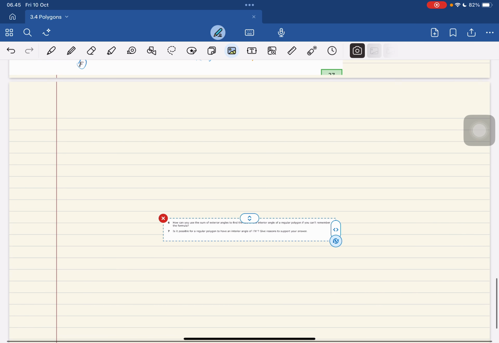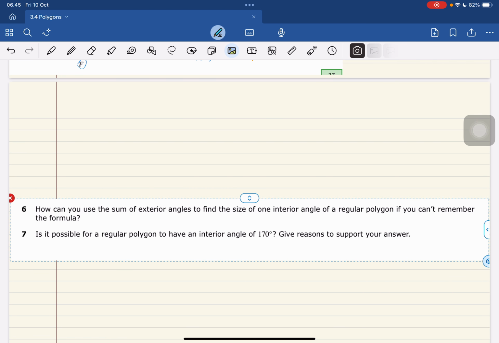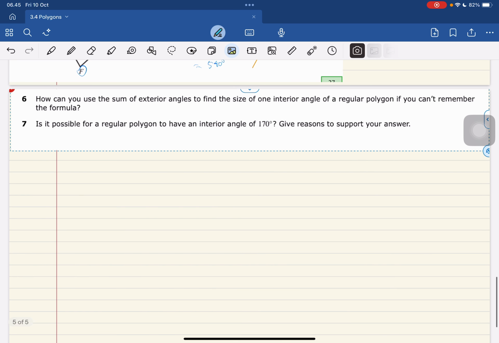Okay, next, this is the last page. Number 6. How can you use the sum of exterior angles to find the size of one exterior angle of a regular polygon if you cannot remember the formula? If you cannot remember the formula, first, let me write the answer here.